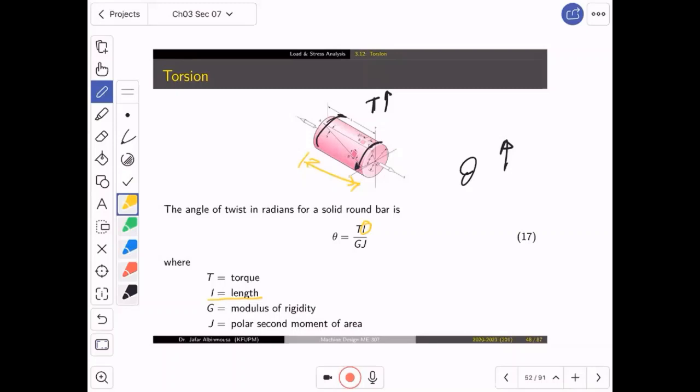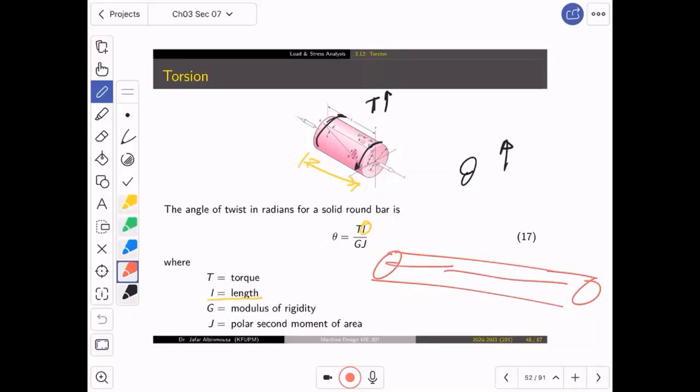But what you can do is take the same diameter with a very, very long bar, and with the same torque, you twist it, and it becomes easier to twist. Why is that? Because you changed the length. So as you increase the length, the angle of twist will increase. G and J are inversely proportional.